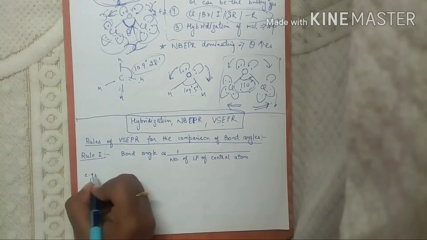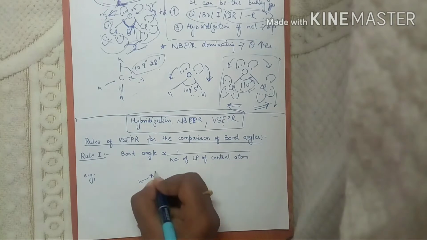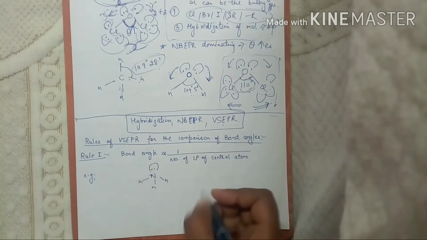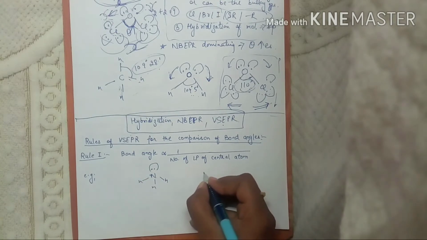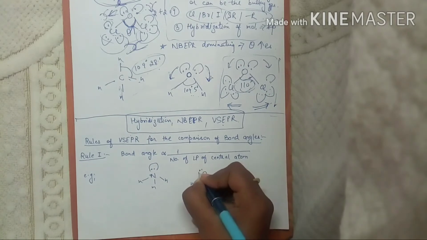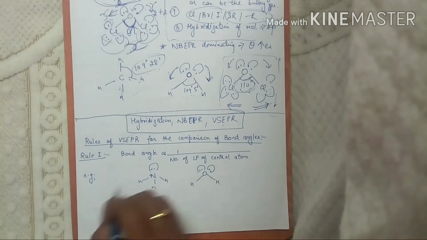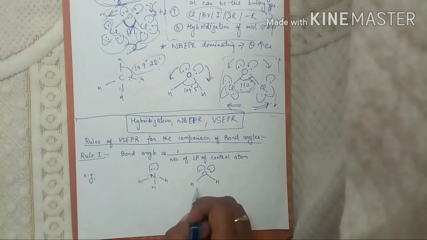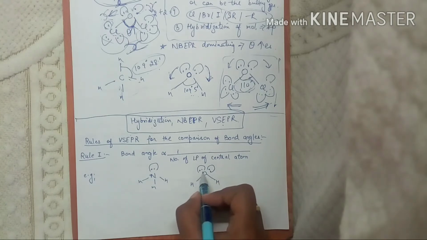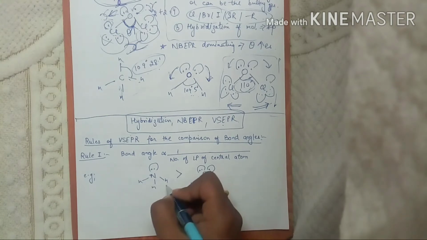For example, NH3 having one lone pair, and water having two lone pairs. Here the number of lone pairs is 1, here it is 2. So if the number of lone pairs is more, then the bond angle is going to be less here, and the bond angle in NH3 will be more.